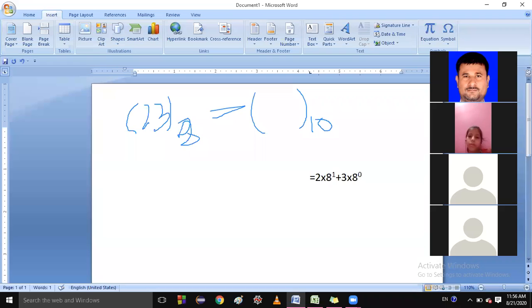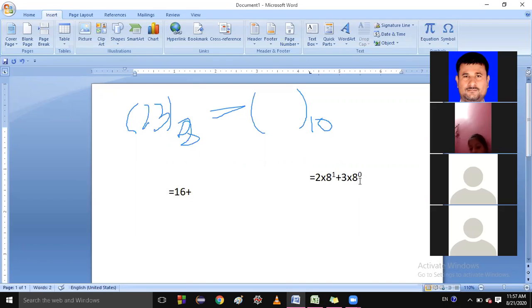So next, tell me the answer if I calculate this. 16, okay, 16 plus 3. Not 24, students. You know that if any number has power 0, then its value is 1.